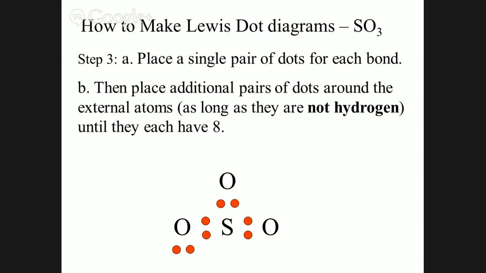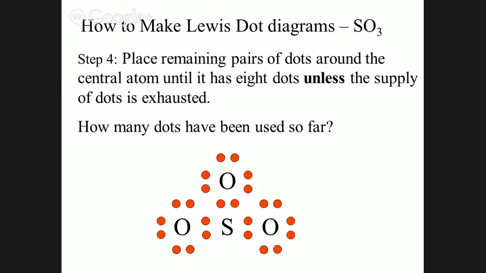That's our third step. Put pairs of electrons around the external atoms, external meaning not the central one, until each one of them has 8, as long as we have not used up all our valence electrons. Then we focus on the central atom.